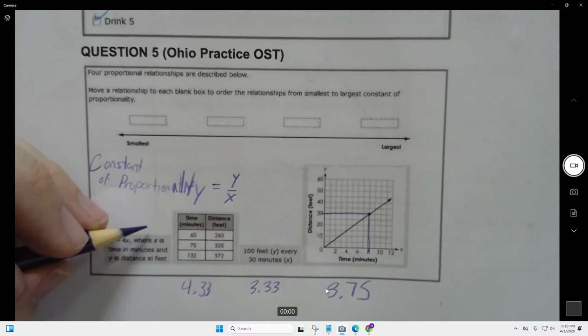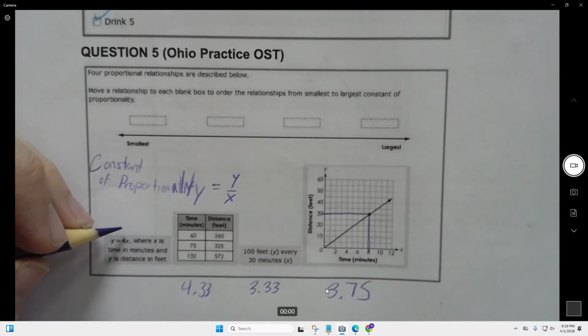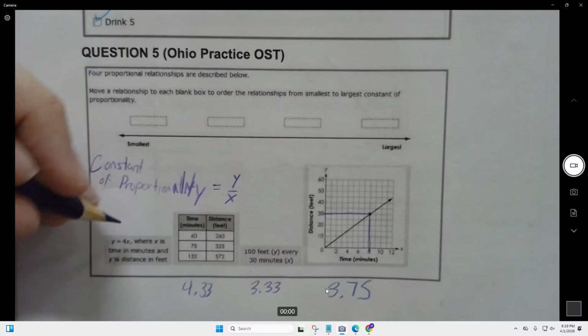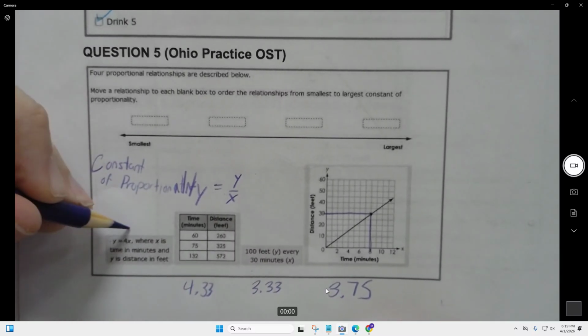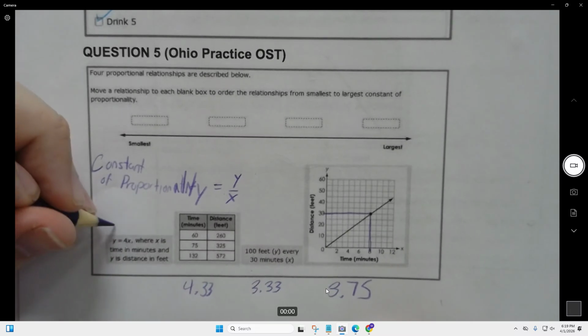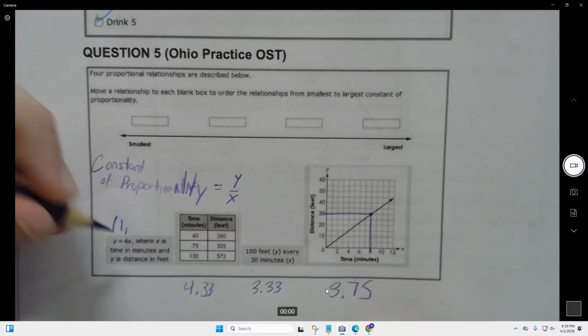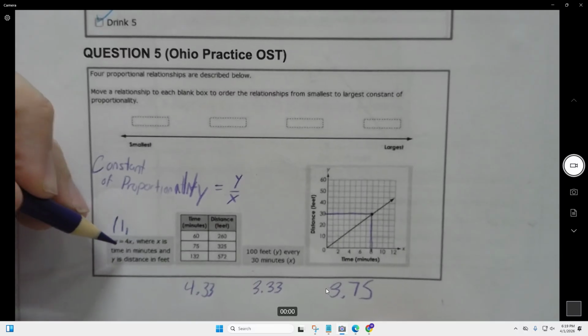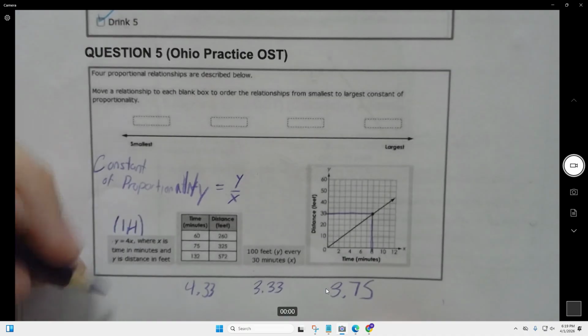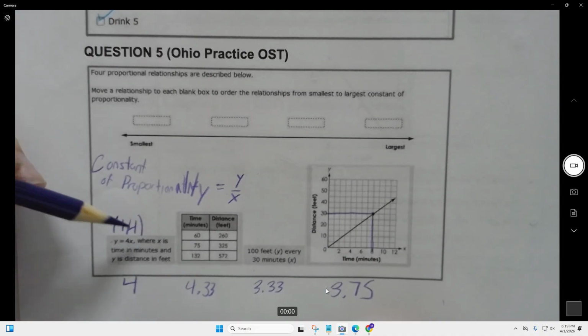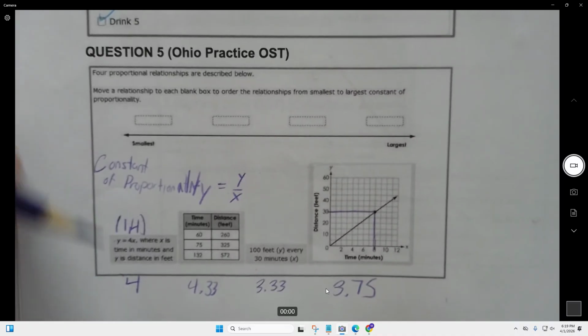Finally, y equals 4x, where x is the time in minutes. So this is a situation where, just for fun, we could plug in 1 for x. If you plug in 1 for x, then you would get 4 for y, because 4 times 1 is 4, which would give us a constant of proportionality of 4 divided by 1, which is 4.